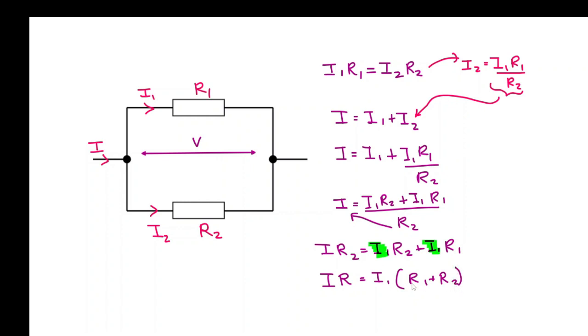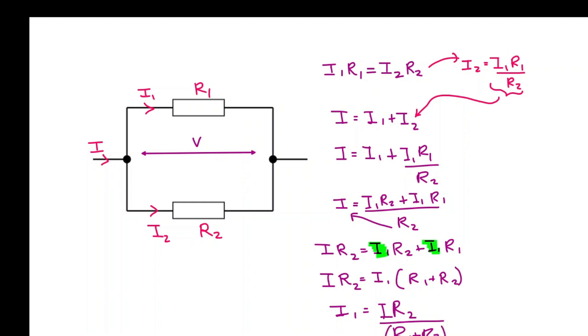So I1 times R1 plus R2. Now let's make I1 the subject. You get I1 is equal to I R2 on the left hand side divided by R1 plus R2.